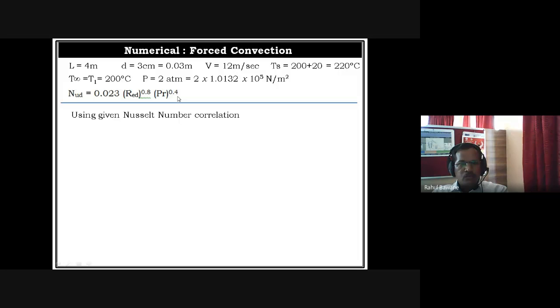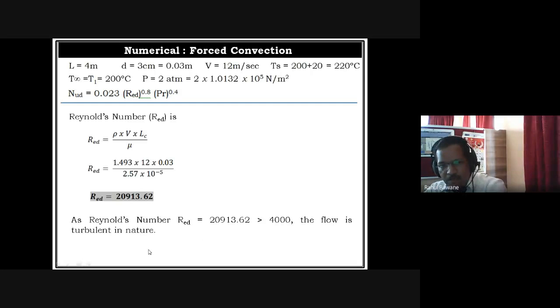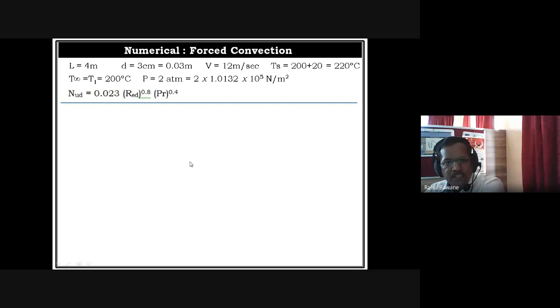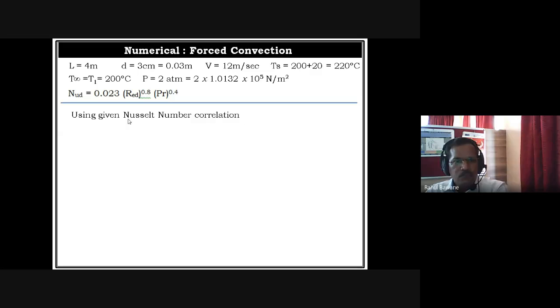As the Reynolds number is this much and the flow is turbulent, we will use the turbulent flow Nusselt number relation, so no need to search for another one. We will use the given Nusselt number correlation.